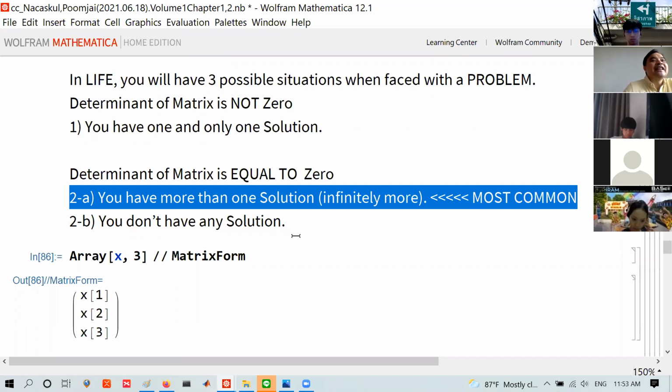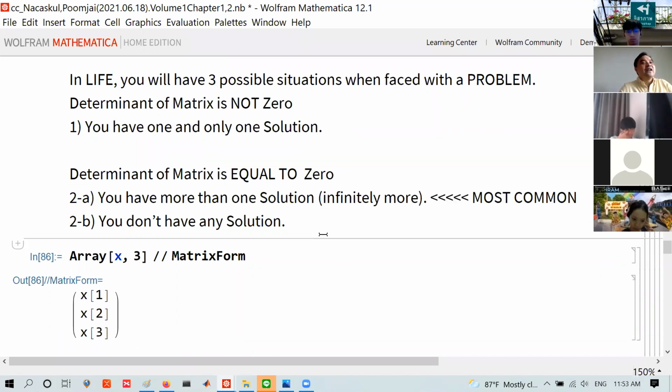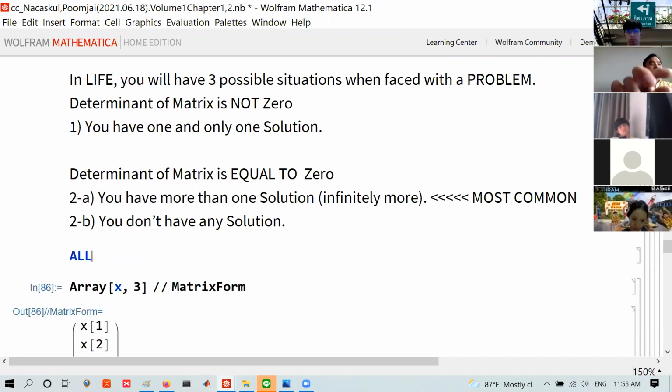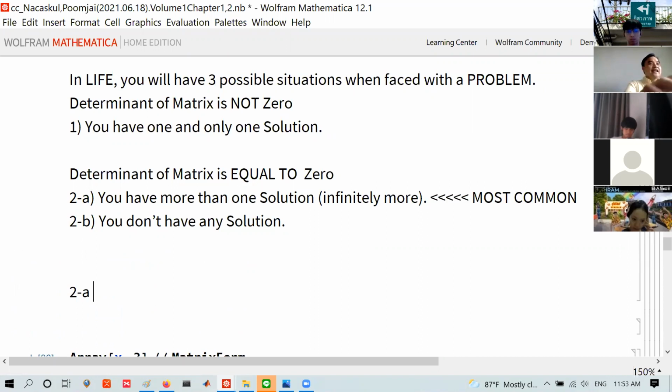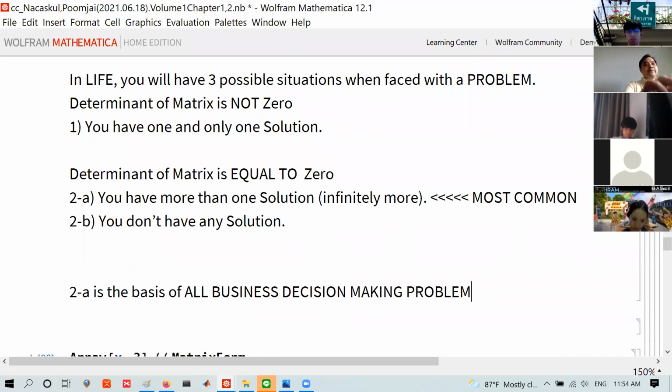And this is the basis. 2A is the basis of all business decision making problems. Think about it. It makes sense, right?